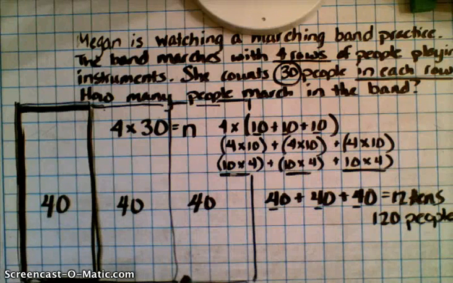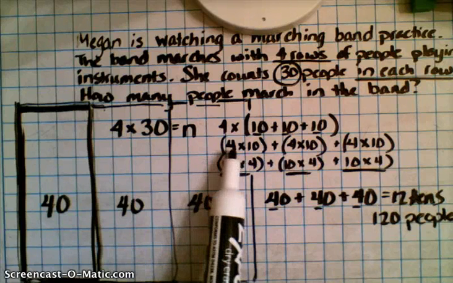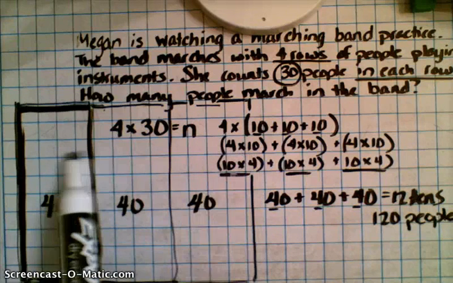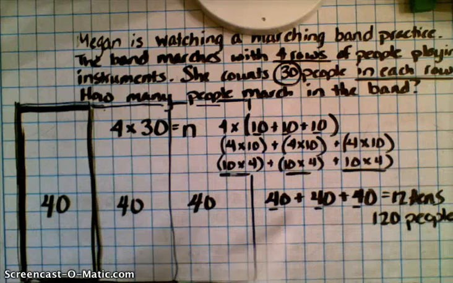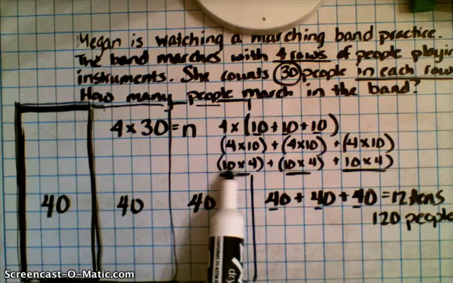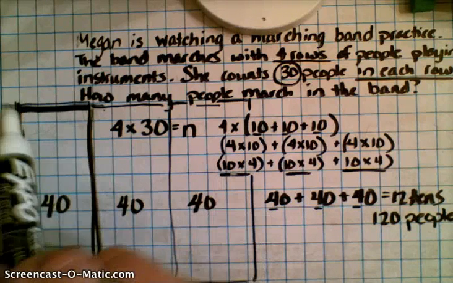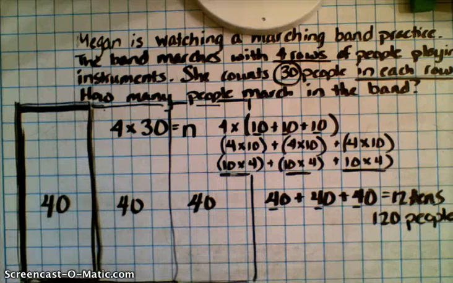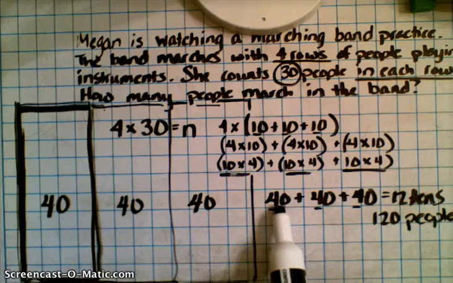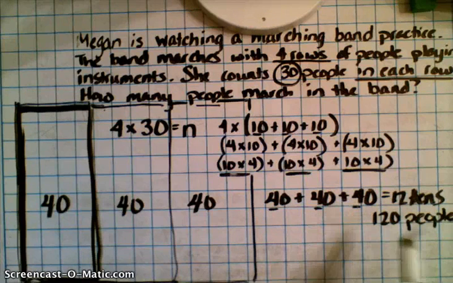But again, I did not have enough room on my grid paper to do 4 times 10 this way, so I used the commutative property to do 10 times 4 because I did have enough room to do it this way. And I did 10 times 4 3 times. Then I added the products, 40 plus 40 plus 40, and I got 12 tens, which is 120 people.